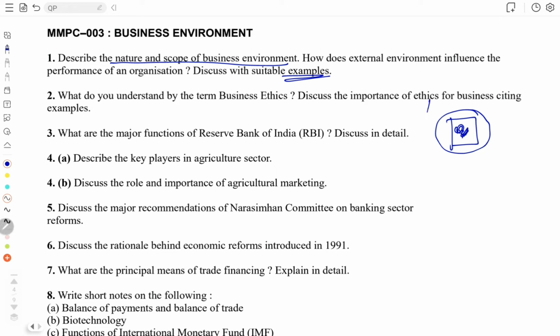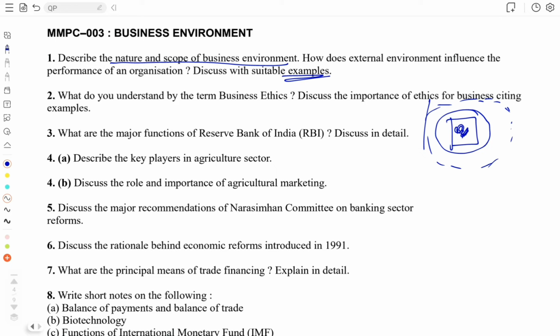Then comes the macro environment, which is much broader and affects all organizations almost in the same way. That is the general impact, and it is very much uncontrollable as well, like the political-legal environment, the technological capabilities of the era, the global environment, and the natural environment, like an earthquake or a tsunami hitting, or even COVID-19.